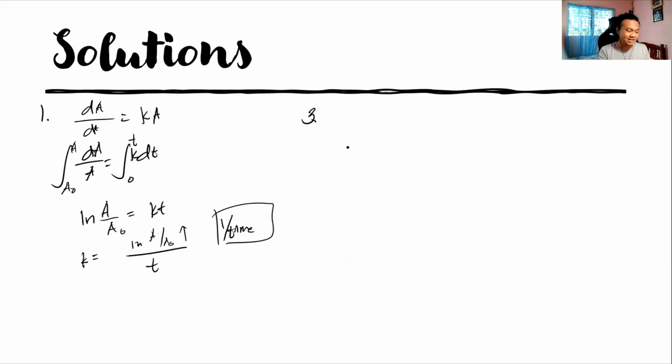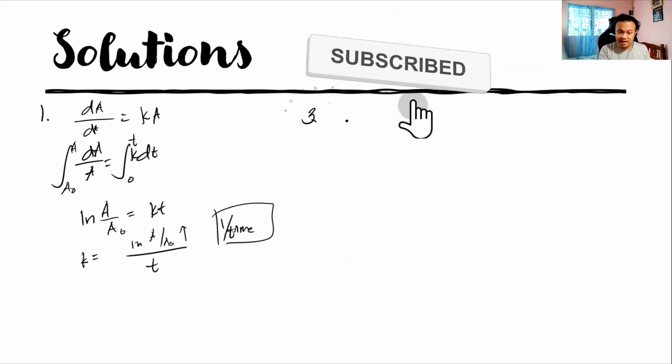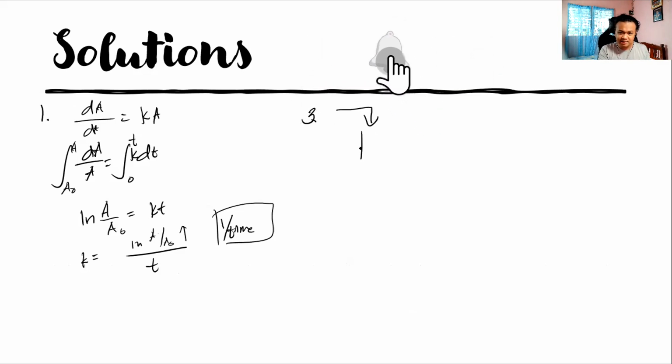We must know how the equation for the CSTR is derived. CSTR is basically just this: you have a reactor there, you have a stirrer. CSTR stands for continuously stirred tank reactor.